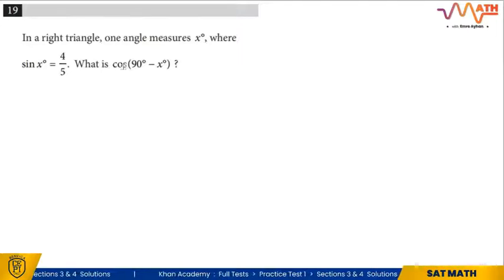This is a rule, always. Since the answer is in the question, the answer is 4/5, or you can say 0.8. It's also a possible answer.